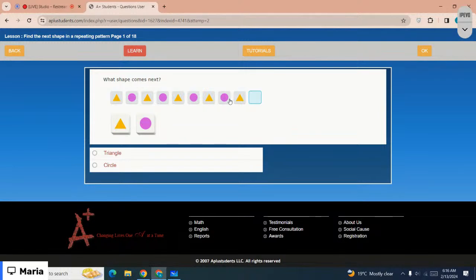The correct option is that is a triangle, then a circle, then triangle, then circle. Yes, so the missing one is a circle. The correct option is circle.